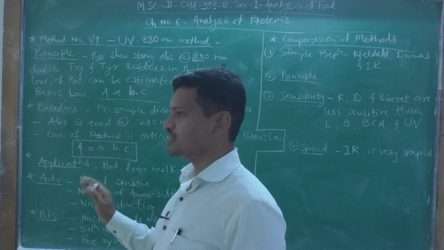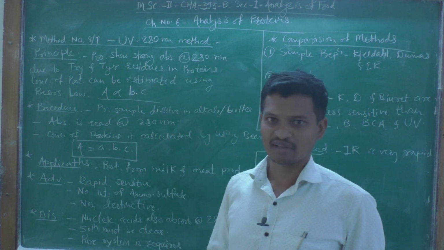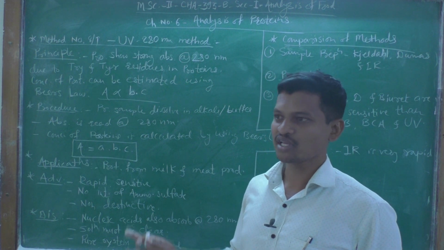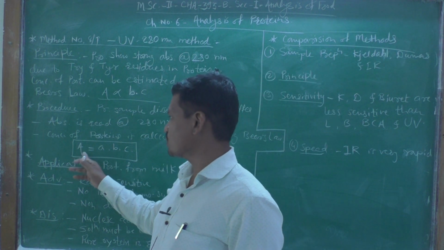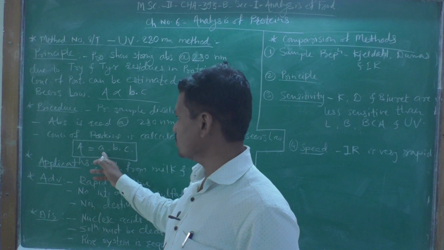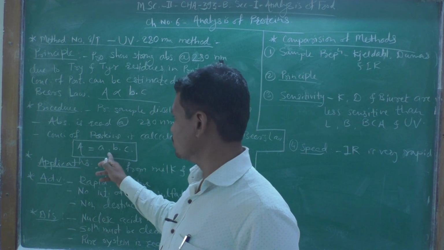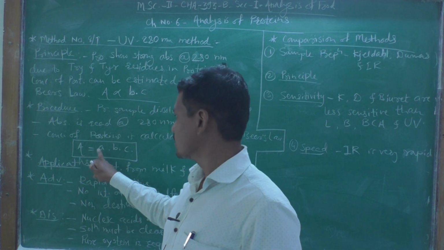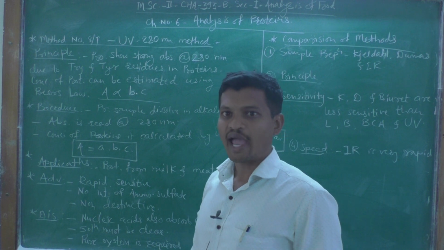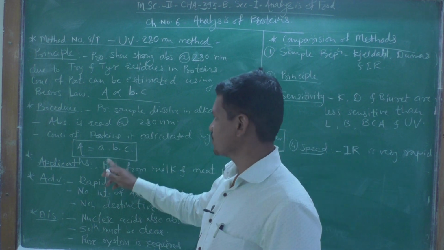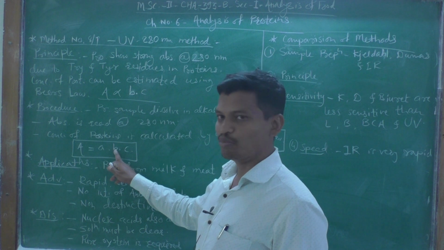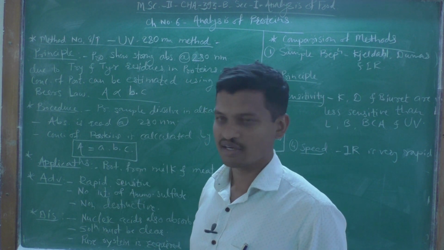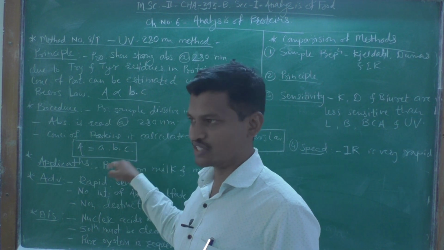Then the concentration of protein is calculated for that given food sample by using the formula A equals a into b into c, where capital A is the absorbance, small a is the absorptivity, small b is the path length, and c is the concentration of the protein in this case.